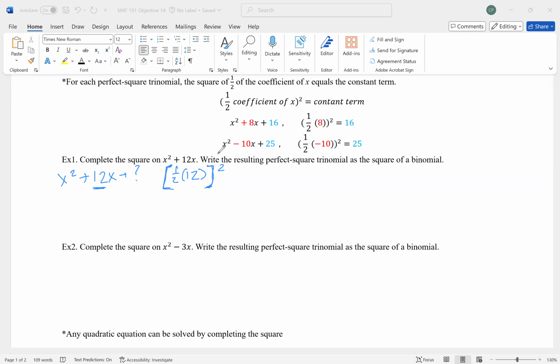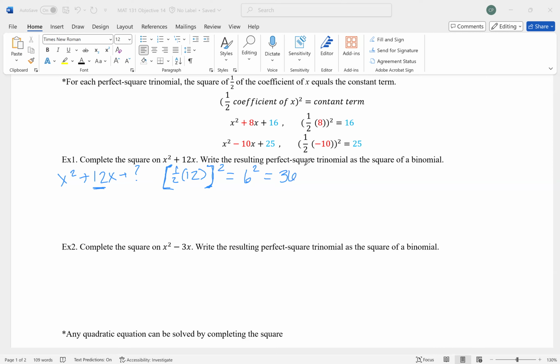So writing it with the brackets, that helps me, okay? So take my advice, please, okay? So 1/2 times 12, squared. The 1/2 times 12 is going to be 6, and then the 6 squared is going to be 36.